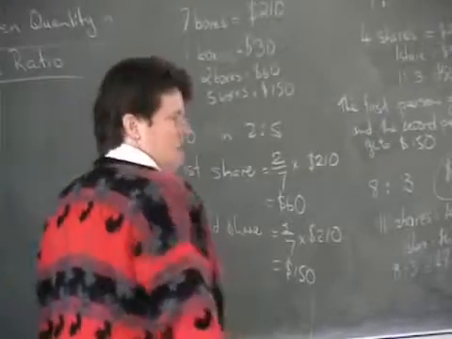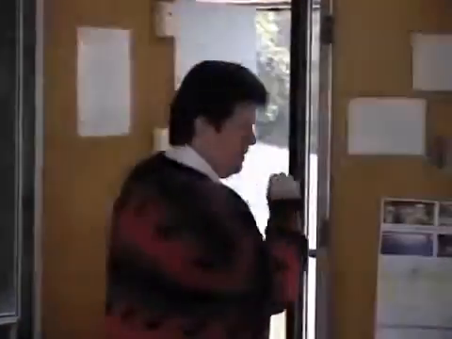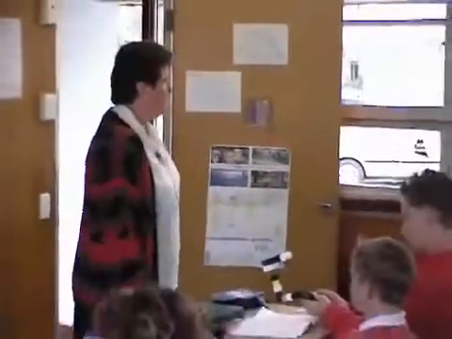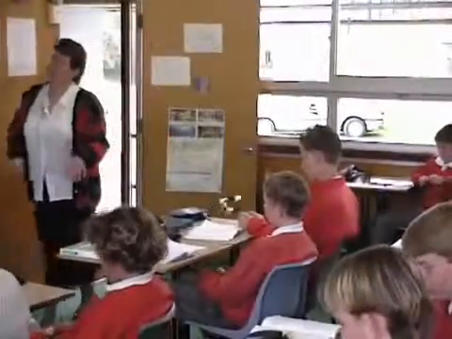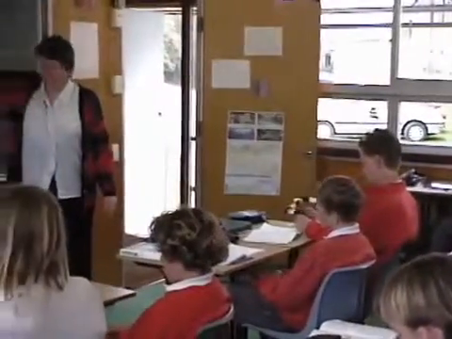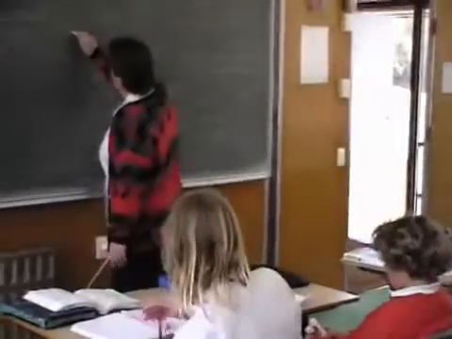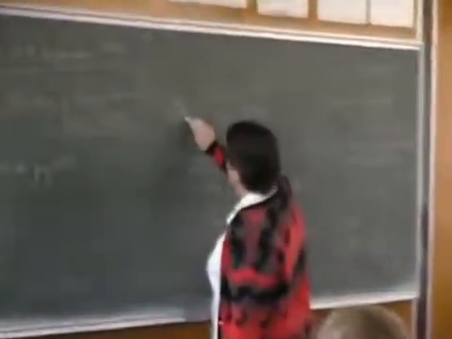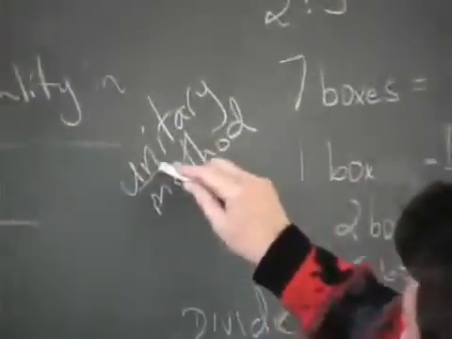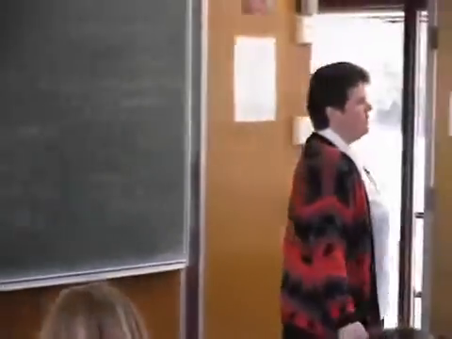Let's take a sample. Let's have Nicole, Jessica, Daniel and Michelle. Which method would you prefer? The 7 shares, 1 share, which I might add is basically what you call a unitary method, because you go down to 1 and then back up to 2 and 5.